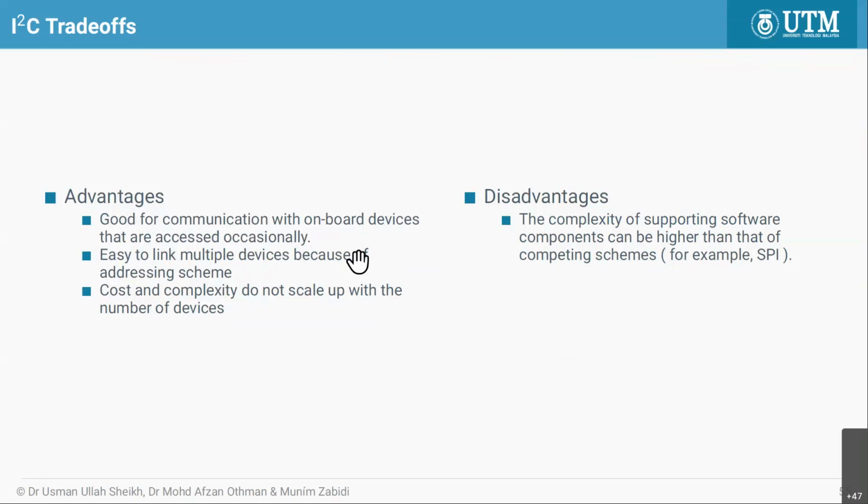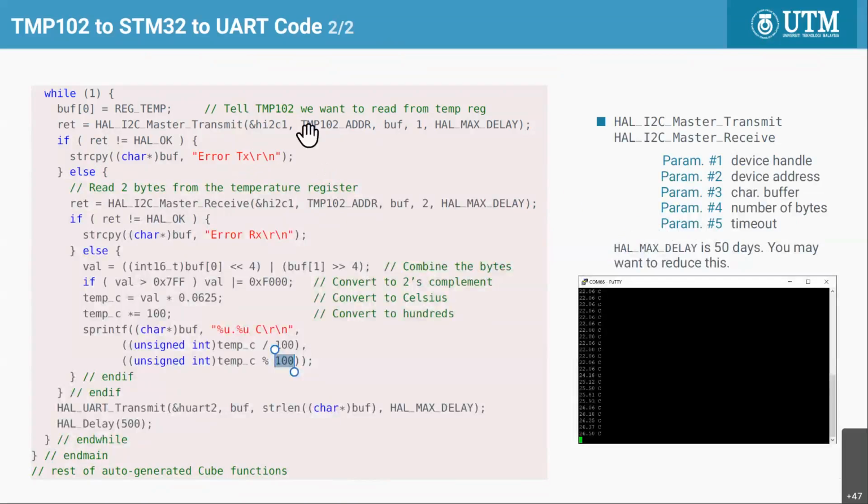It's easy to link multiple devices because of the addressing scheme, and also because of the use of open collector and so on. And it's quite cheap. A disadvantage is that the complexity of supporting software components can be higher than competing schemes. So this one can be more complex than if you use SPI.